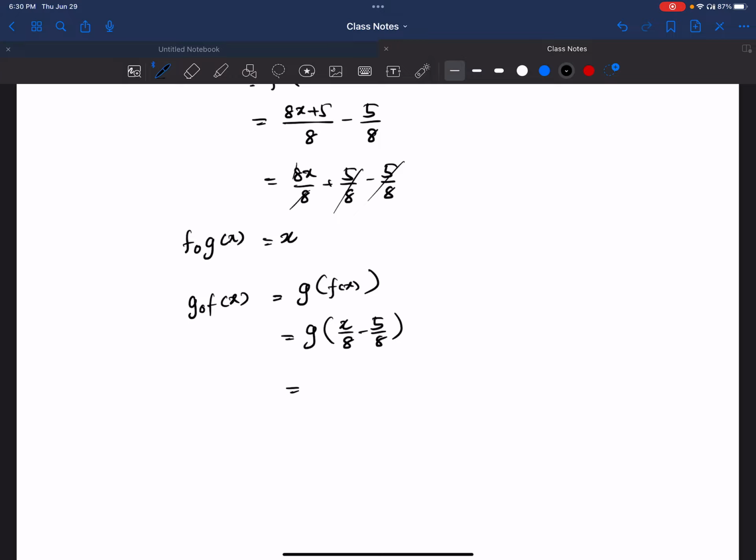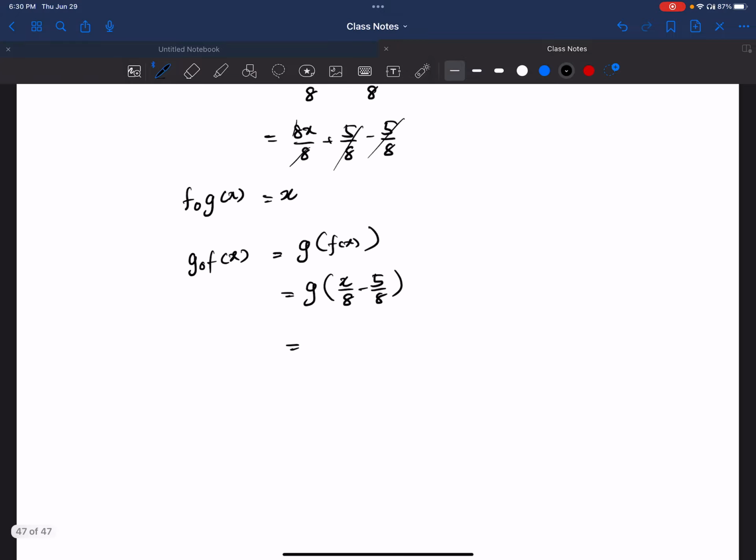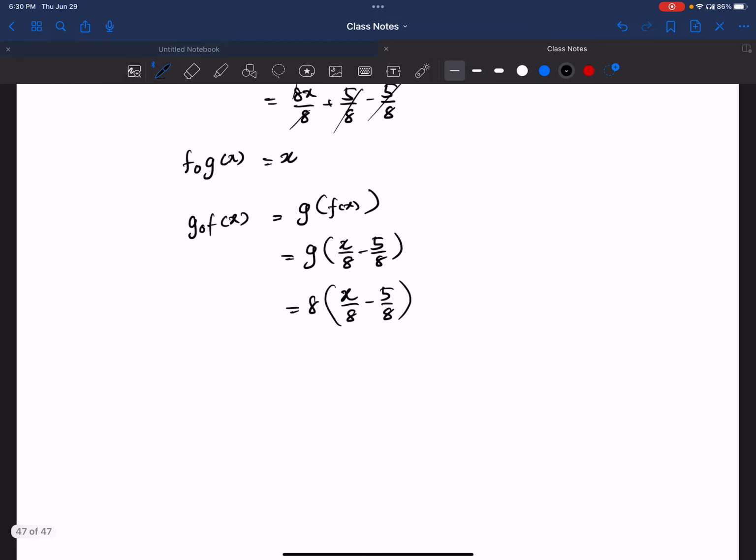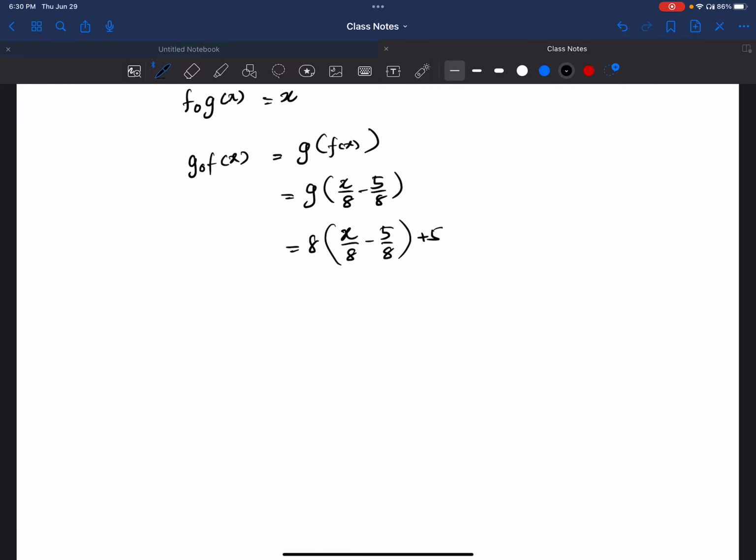When substituting into g of x, that is 8 times, instead of x, you put x over 8 minus 5 over 8, plus 5. Now multiplying with this, you get x minus 5, right? Plus 5. You cancel these two and you get x.